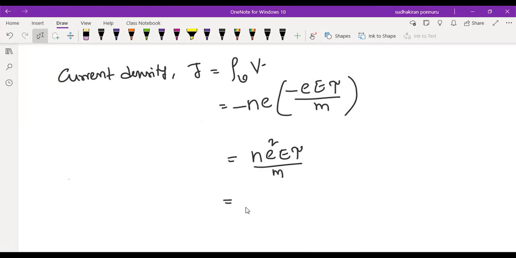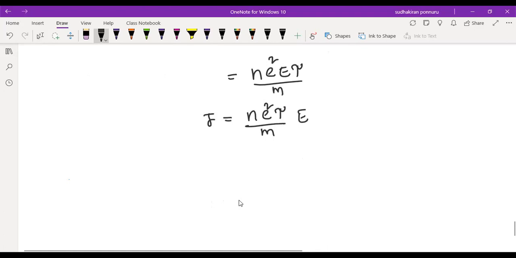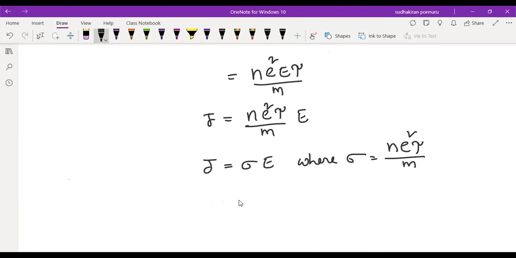Now rearranging this equation, N E square tau divided by M multiplied by E is equal to J, and rewriting this equation, J is equal to sigma into E, where sigma is equal to N E square tau divided by M. So this is a very important equation for us.